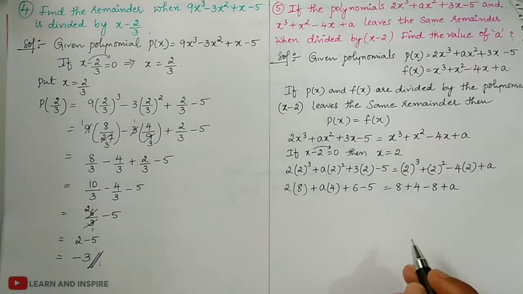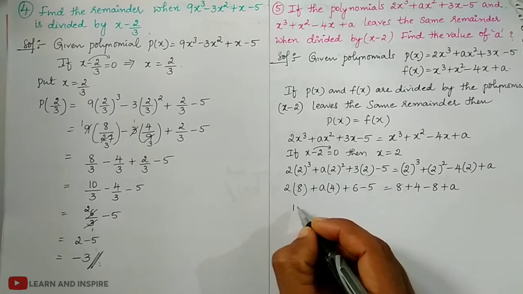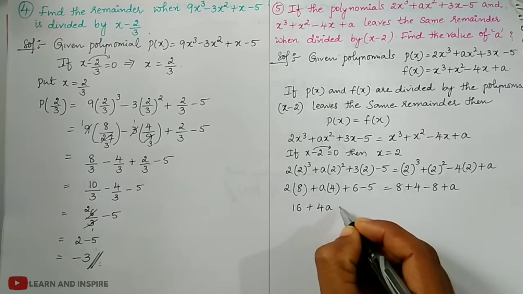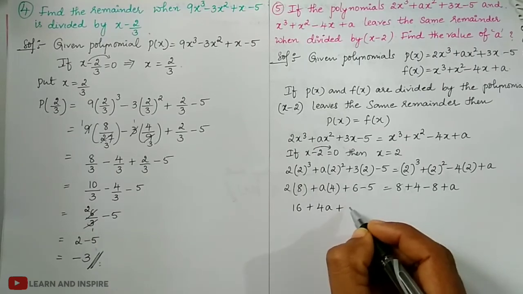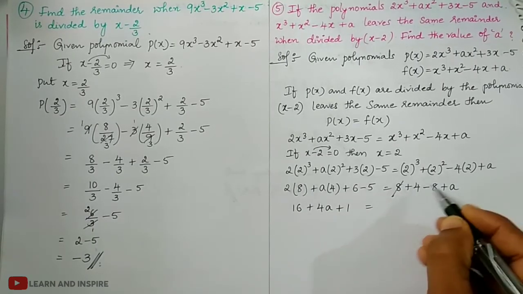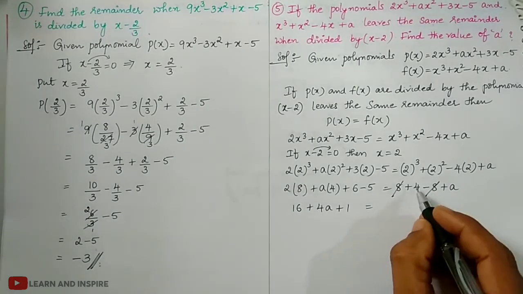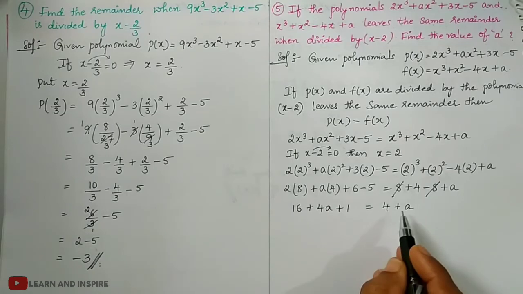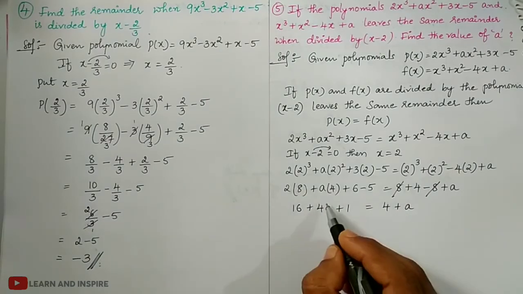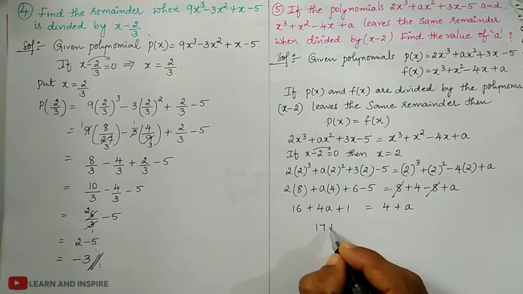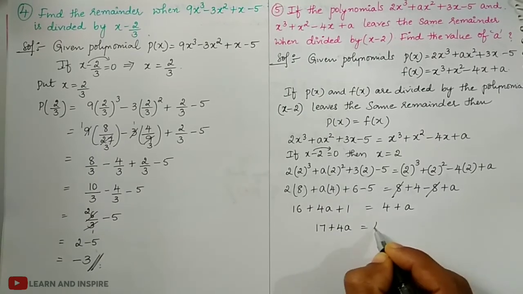Okay, 2 8s are 16, plus 4 into a is 4a, plus 6 minus 5 is 1. So here plus 8 and minus 8 get cancelled, and what is left? 4 plus a. So a transpose to the left side and the constants to the right side. 16 plus 1 is 17, plus 4a equals 4 plus a.